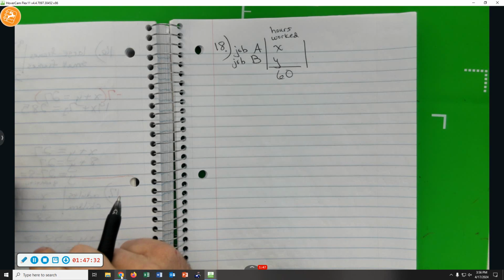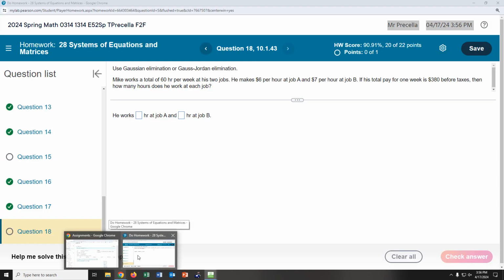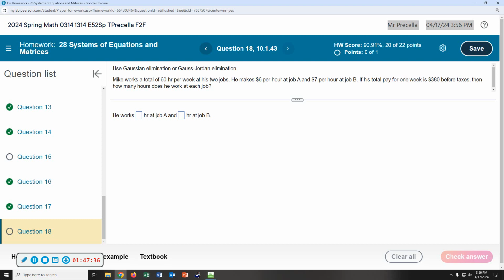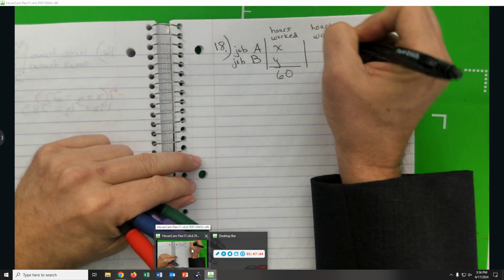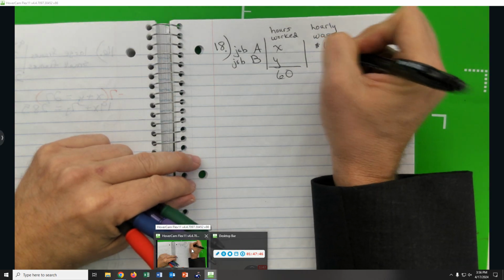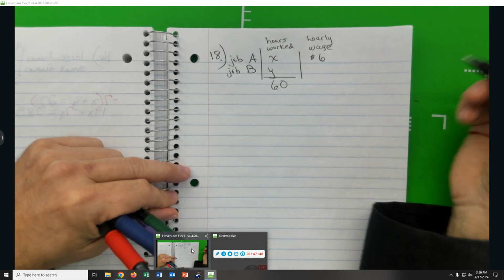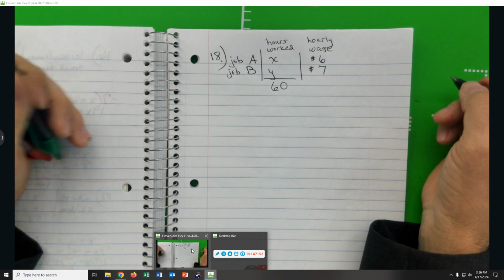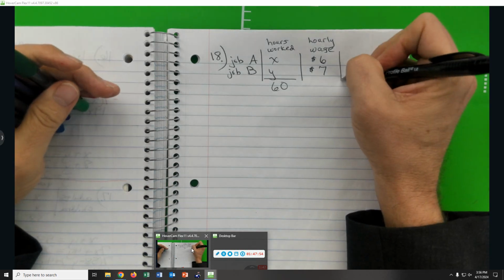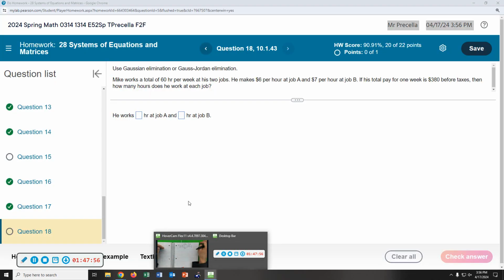And they told us other stuff. Oh, he's making $6 per hour at job A. So this is his hourly wage. $6 per hour at job A and $7 per hour at job B. What's that total for the dollar column?